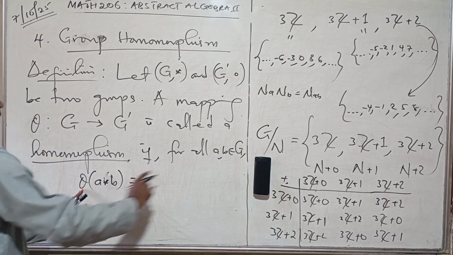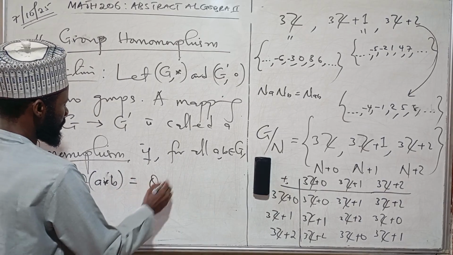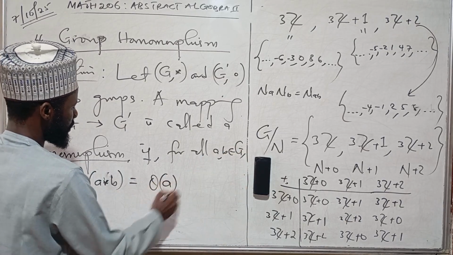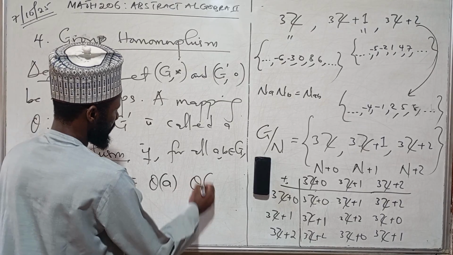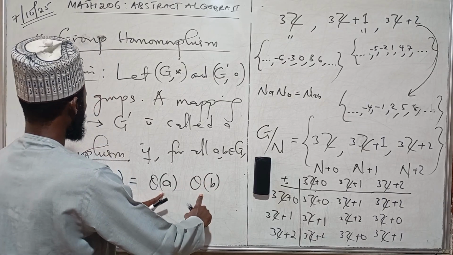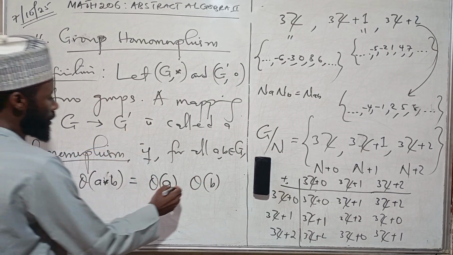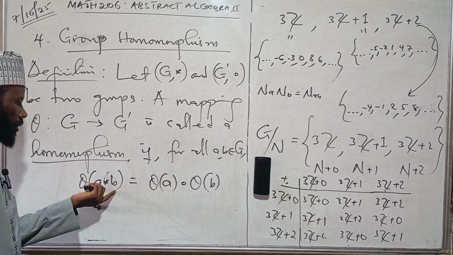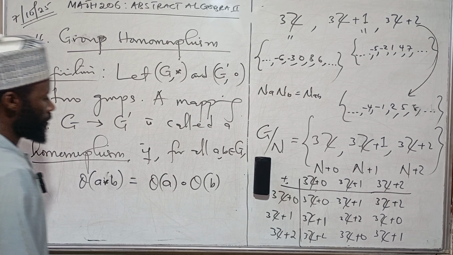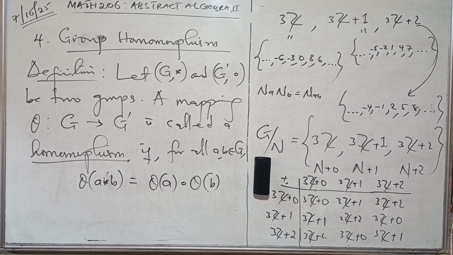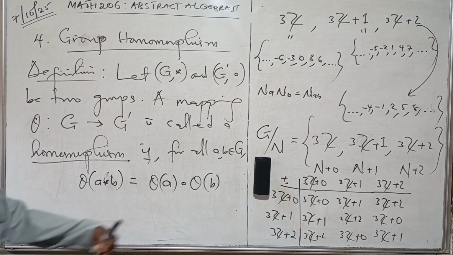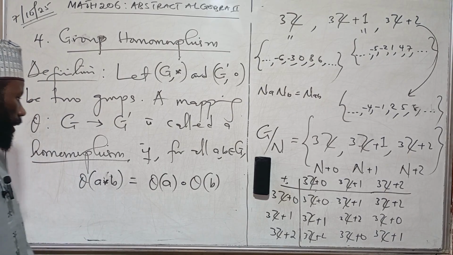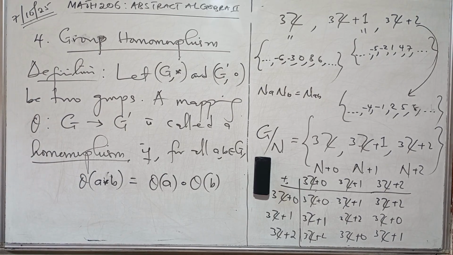If you combine, you get an output. Every element is mapped to an element. So you have theta A, theta B being elements in this group. They can be combined using cycle. So the image of the product equals the product of the images. That is what this notion is. This is a nice map that preserves the group structure, that is, the binary operation.